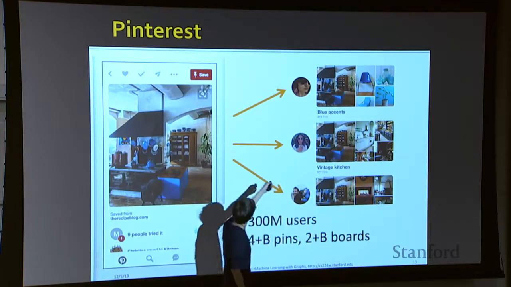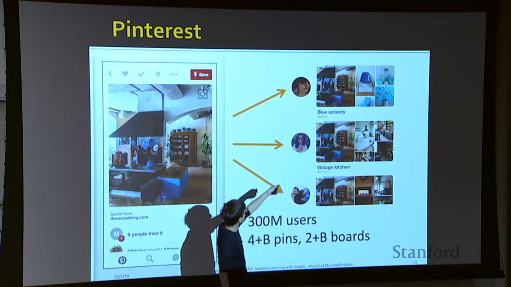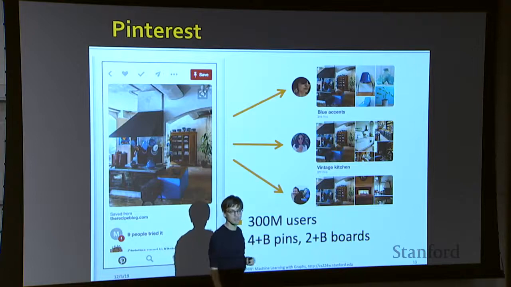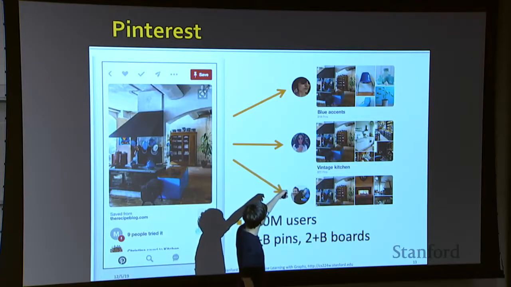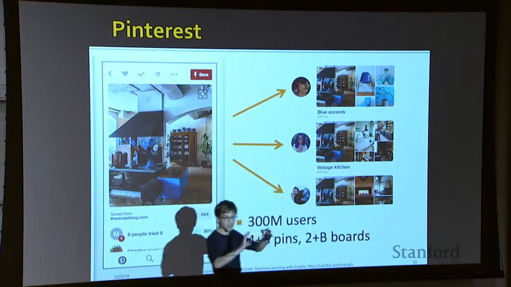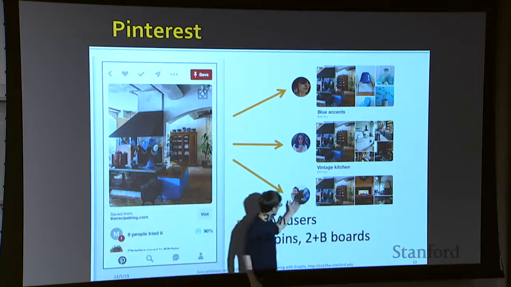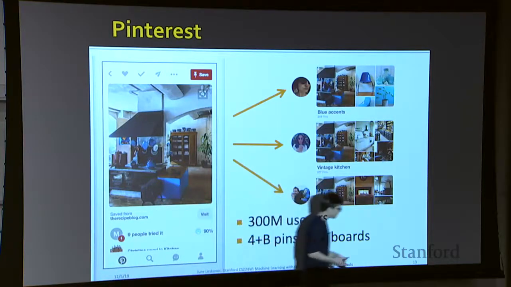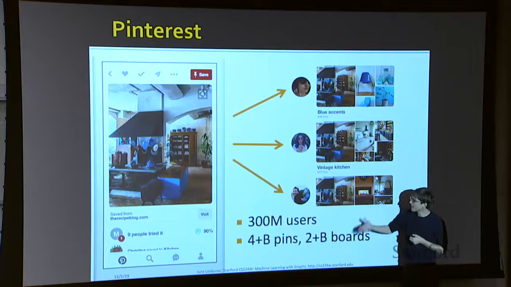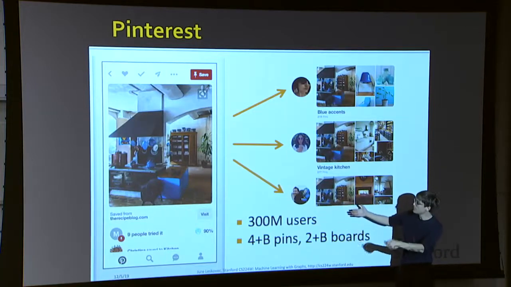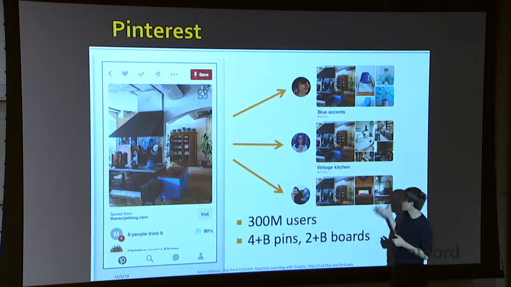And maybe this person up here is really crazy about architecture, with these blue accent details in the architectural style, so she created a board called Blue Accents, and she has 200 pins where there is some blue accent color in an architectural scene. And my friend Ben here, maybe he created a board about fireplaces, and again, this image fits into this collection because this is a fireplace, right?